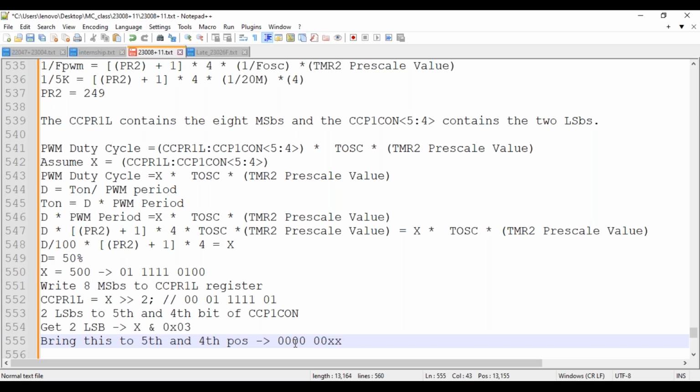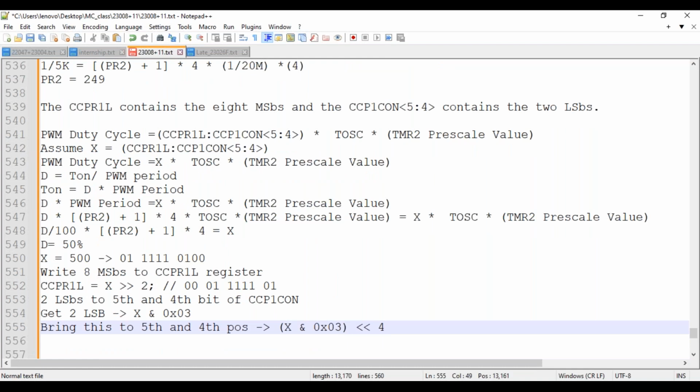I want to bring it to the 5th and 4th position. How many times should I shift? I have to shift it 4 times, right? So I have to shift x AND 0x03 to the left 4 times.